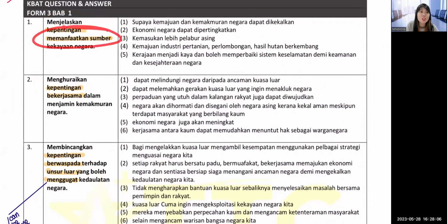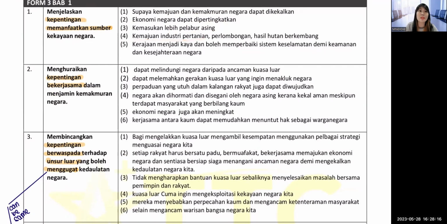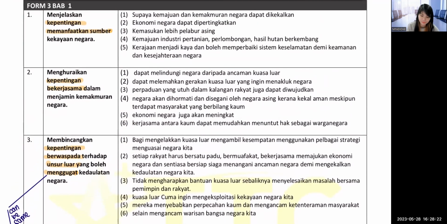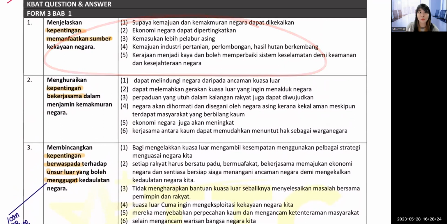When you take advantage of the resources, you'll be able to prosper, the economy will improve, more investors will come in, our industry will be better, we will have more and more riches, those kinds. You can give your own answer as well. These are examples only.